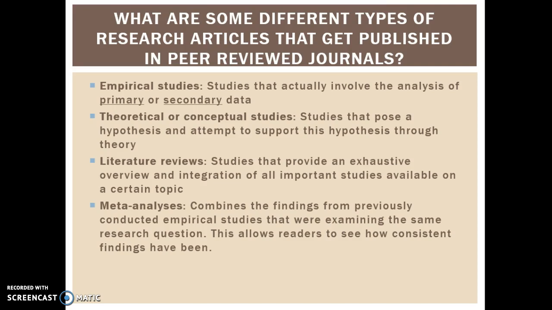These articles tend to be very lengthy, usually somewhere around 25 or more pages, and they usually have a very extensive reference list. So we're talking, depending on the topic, anywhere around 100 sources. So it's an extremely lengthy process to write and publish a literature review.